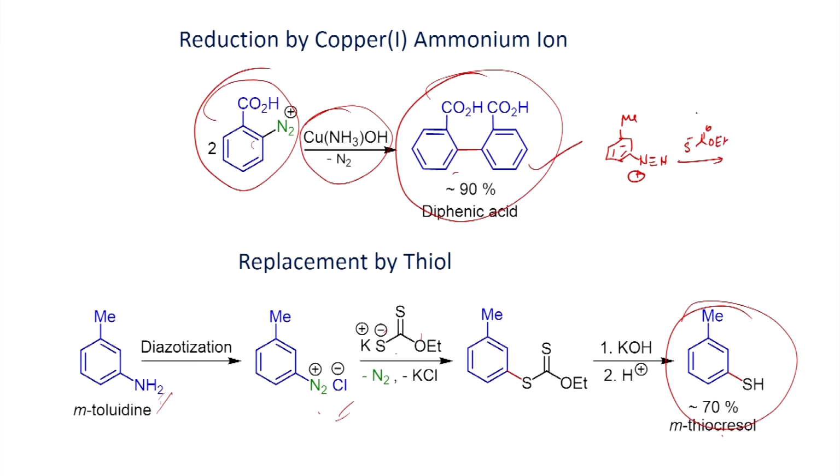so let me write SR minus. Once you form this one, it can undergo addition reaction. Once you form this one, it can undergo, as we have seen, homolysis to give a radical.